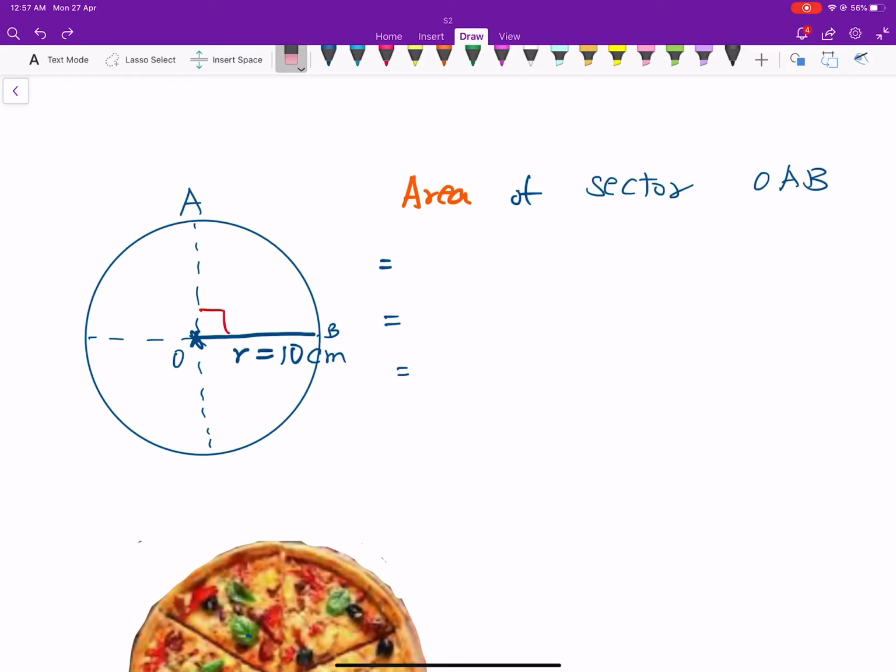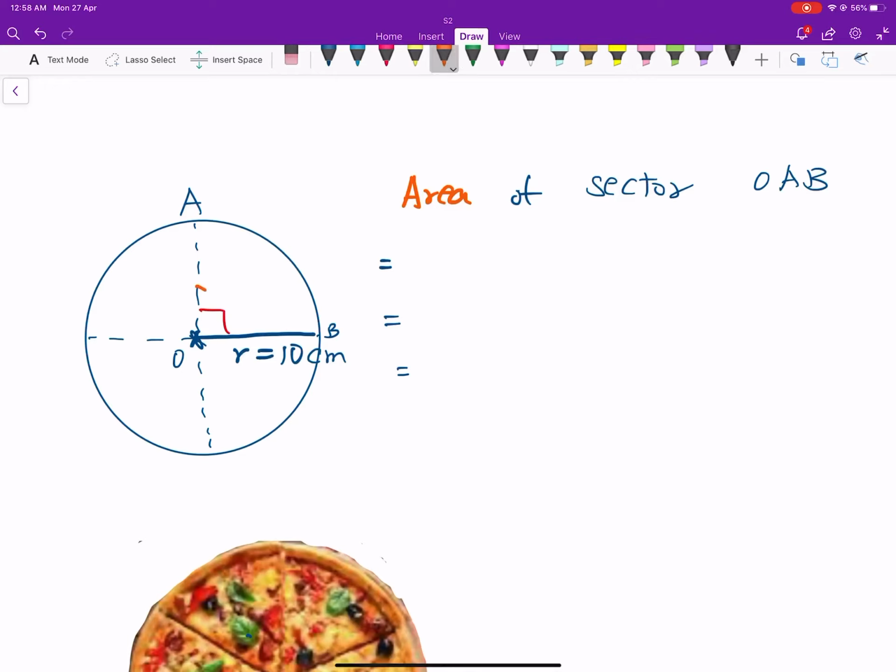Okay, so a circle which is cut into 4 equal parts. Do you still remember that in the last video we were looking for the arc of sector OAB? But now in this video we are looking for the area of the sector OAB.